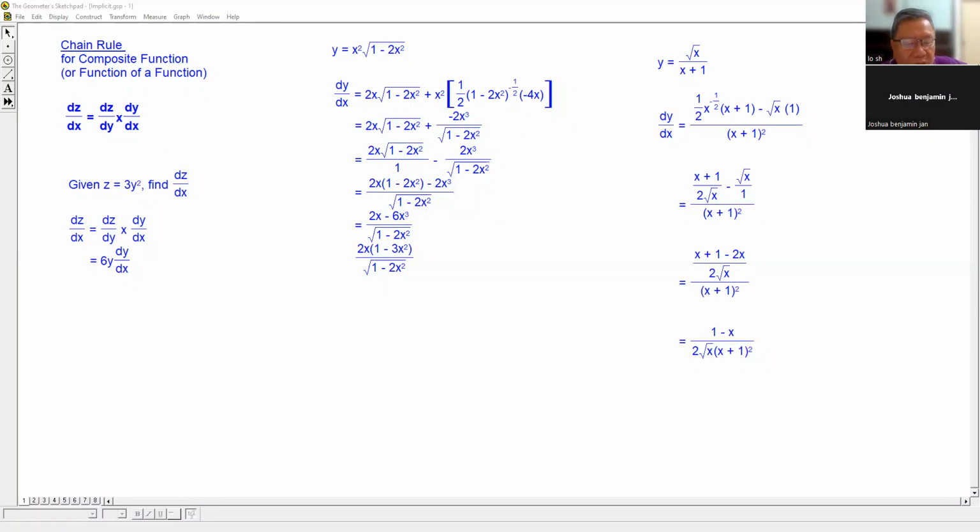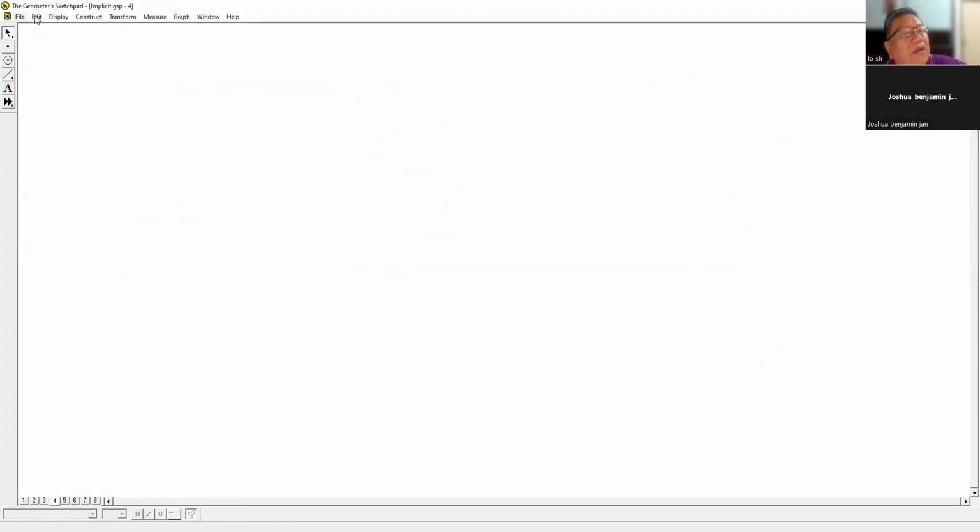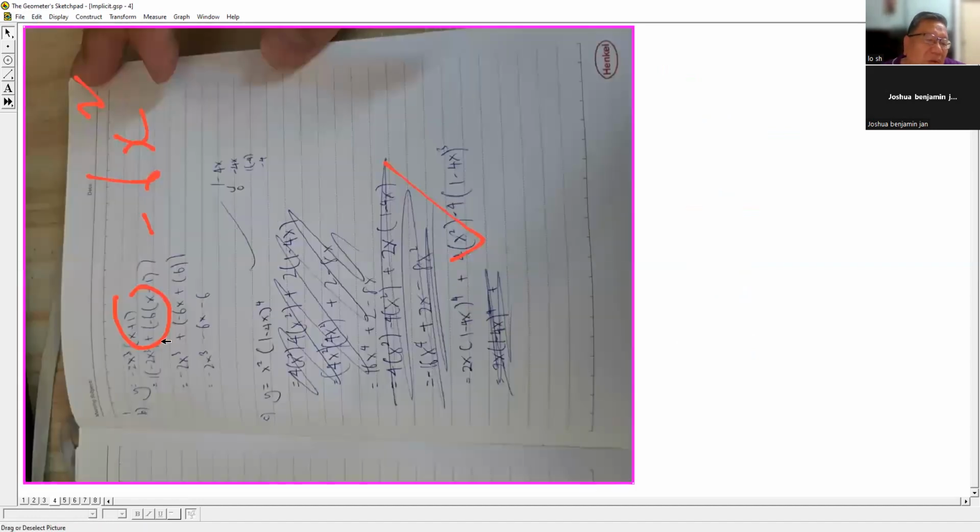You just do correction for this one. I've sent you already this one. You do this one correction, no? 1b, 1b. Then another one with square root 1.